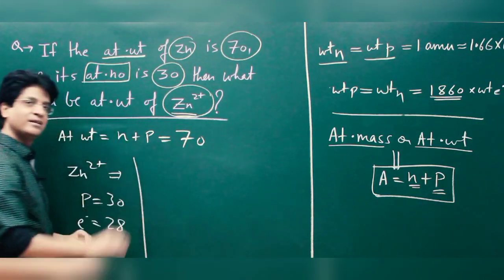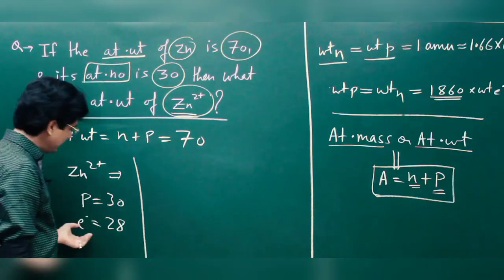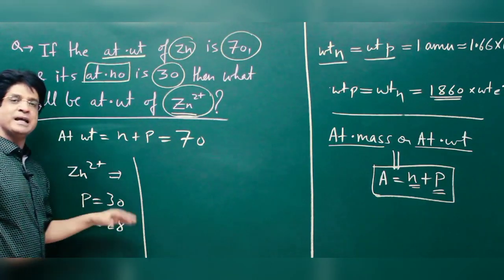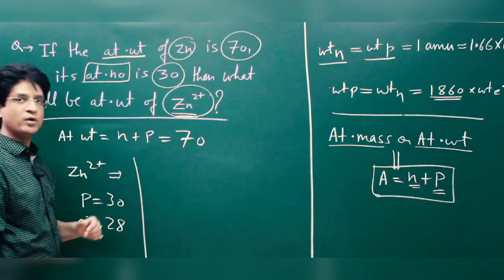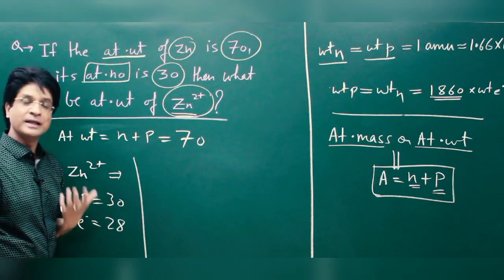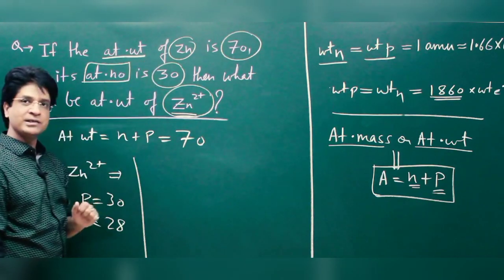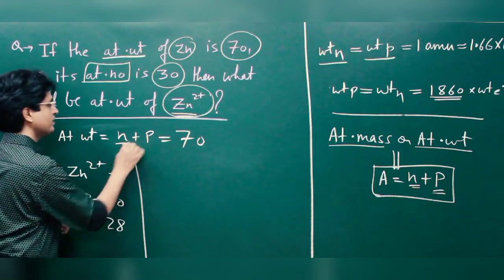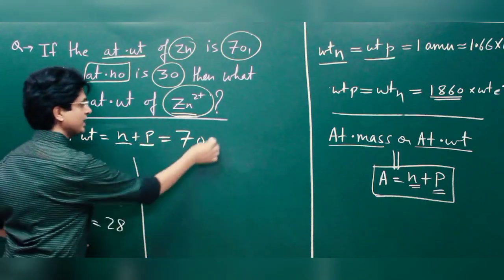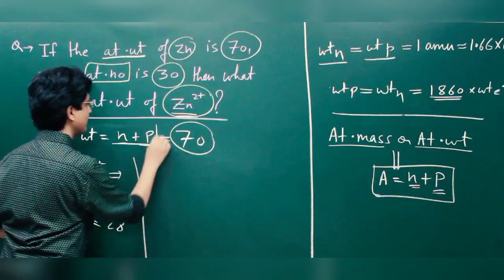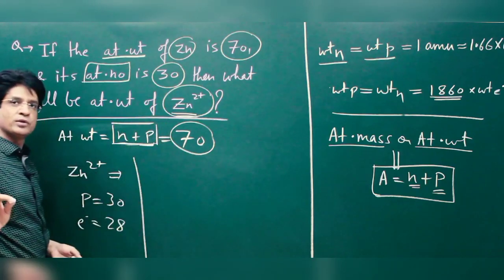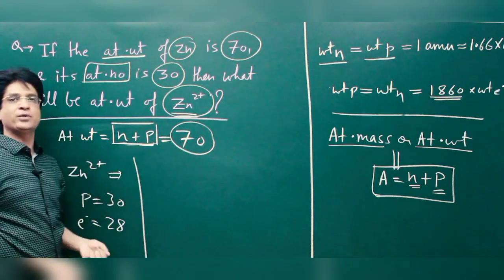But do you think that by taking out 2 electrons, there will be any significant change in the atomic weight of zinc? No. The reason being, whatever the weight is, it is because of the number of neutrons and protons, which is 70. And I am not disturbing the number of neutrons and protons. I have simply taken out 2 electrons.